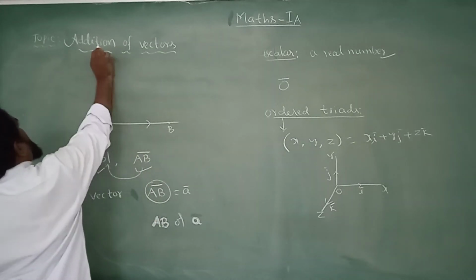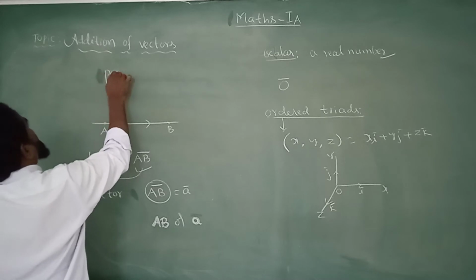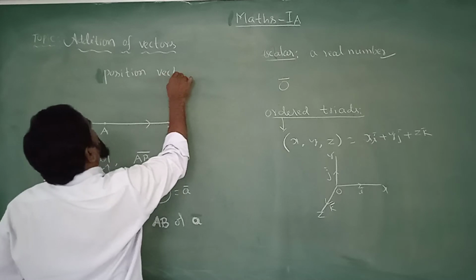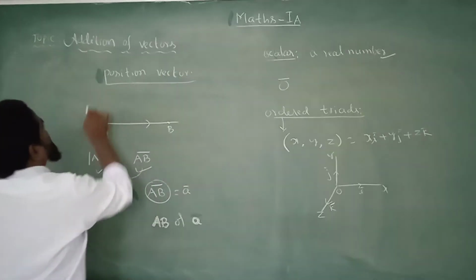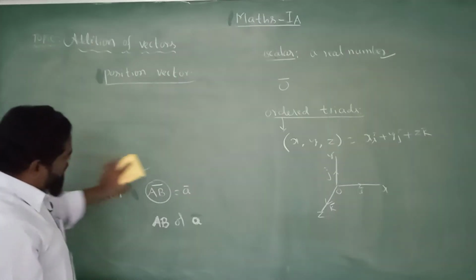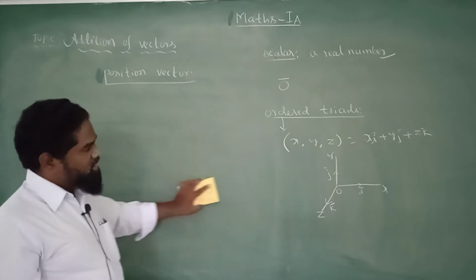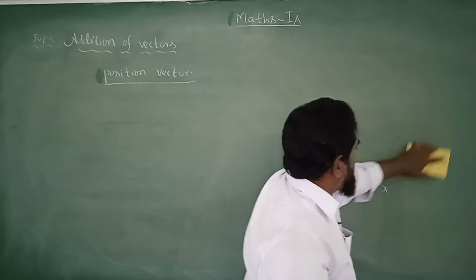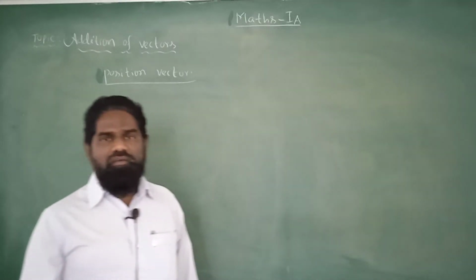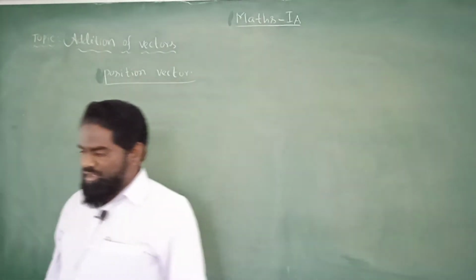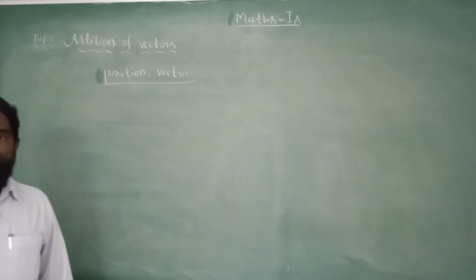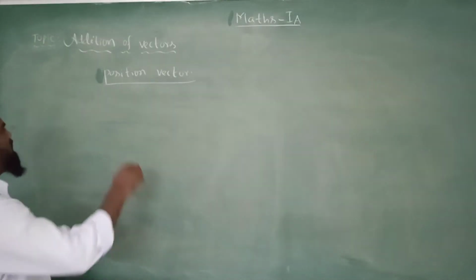Next, an important vector is the position vector. This is very important. Let us see what a position vector is. A vector whose initial point is O and terminal point is any other point is called a position vector, or otherwise, the vector we take with respect to the origin O is called a position vector.